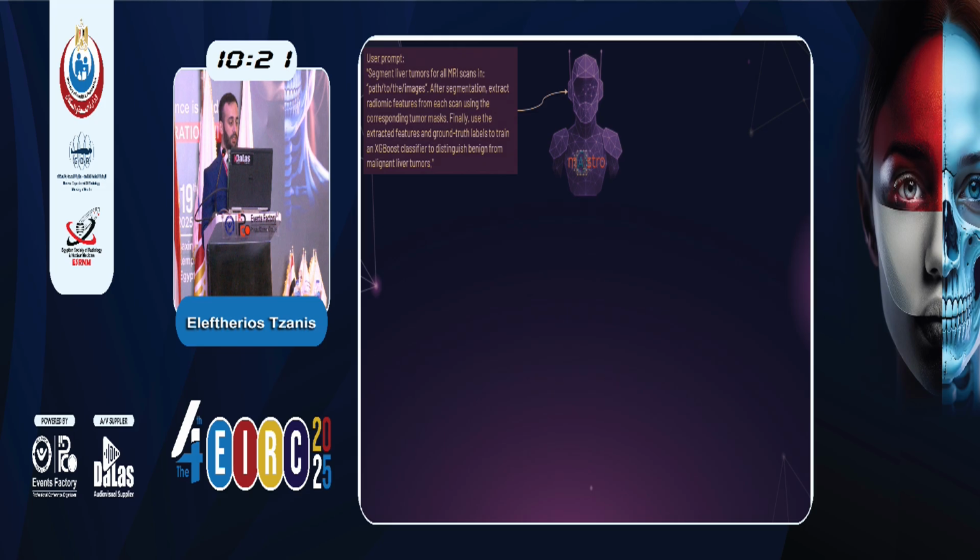So the agent analyzes this task and first initiates the NNUNet implementer agent. This agent takes as input the anatomical MRI scan and automatically segments liver tumors. Once segmentation is performed for all the MRI scans, the NNUNet agent returns the results to the master agent.